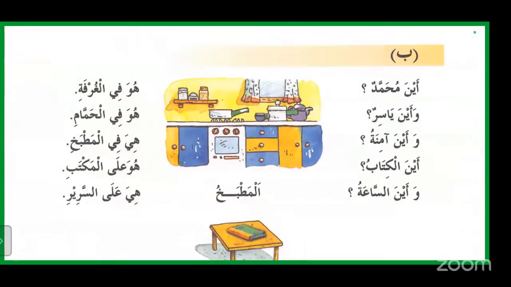أين محمد? Where is Muhammad? هو في الغرفة. He is in the room. وأين ياسر? And where is Yasir? هو في الحمام.